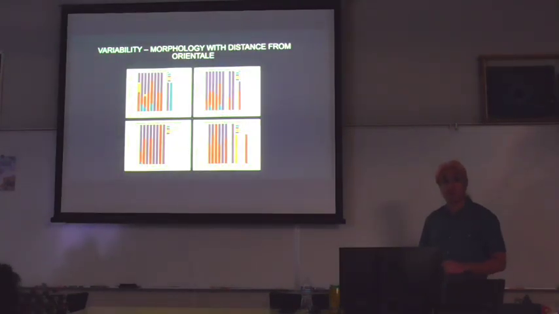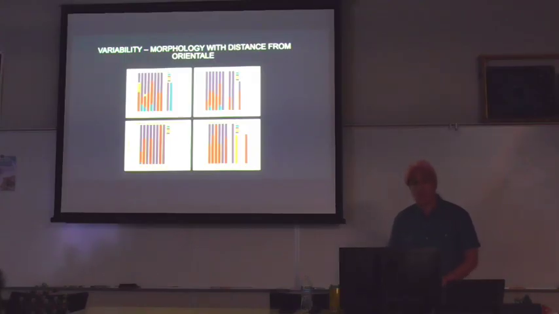Yes? So this is telling us something about the thickness of the regolith. Yes. Right? Yeah. So you were expecting that the regolith further away from the Orientale impact point would be deeper.